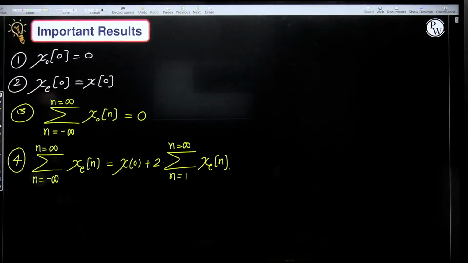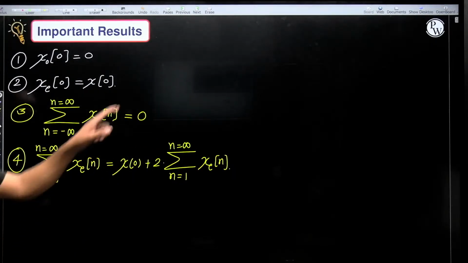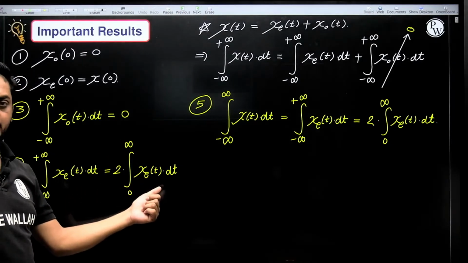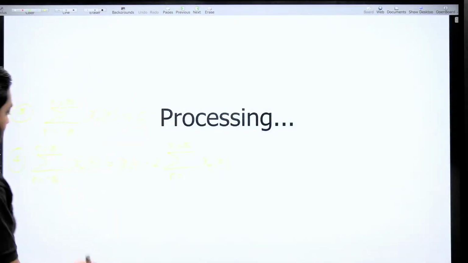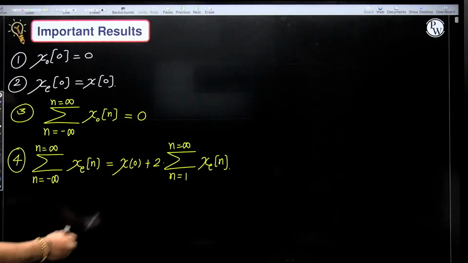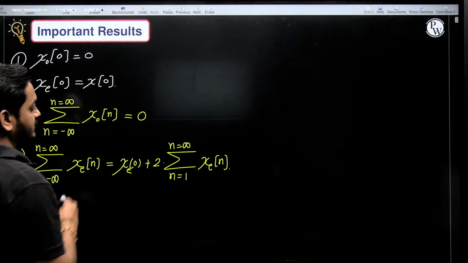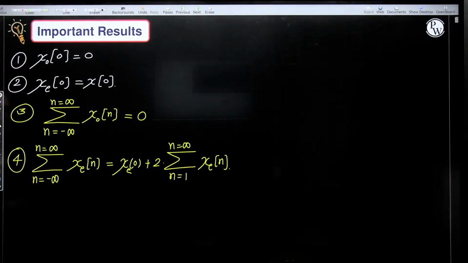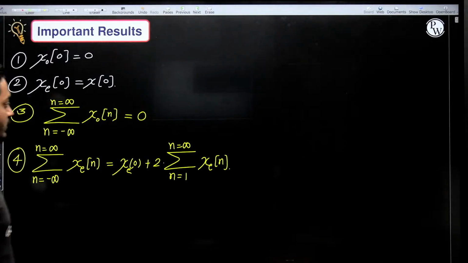Is this clear? Correct? In continuous time it was 2 times 0 to infinite x e of t dt, but in discrete time it is x e of 0 plus 2 times summation n equal to 1 to infinite x e of n, guys. This is also very much important result.